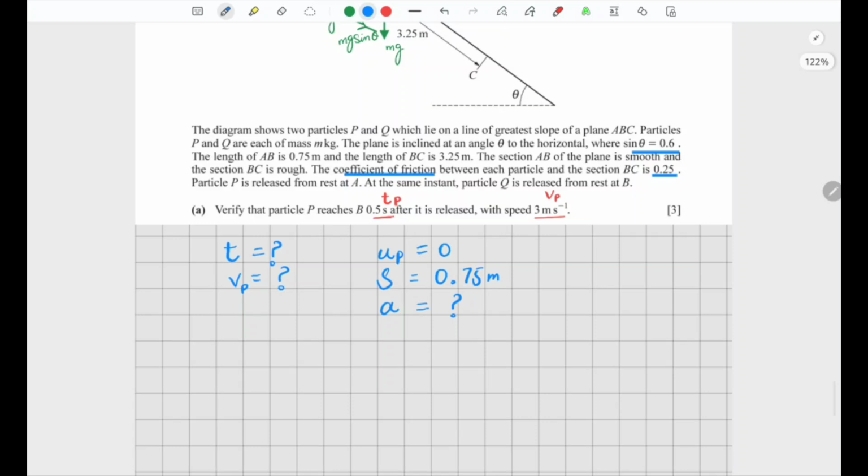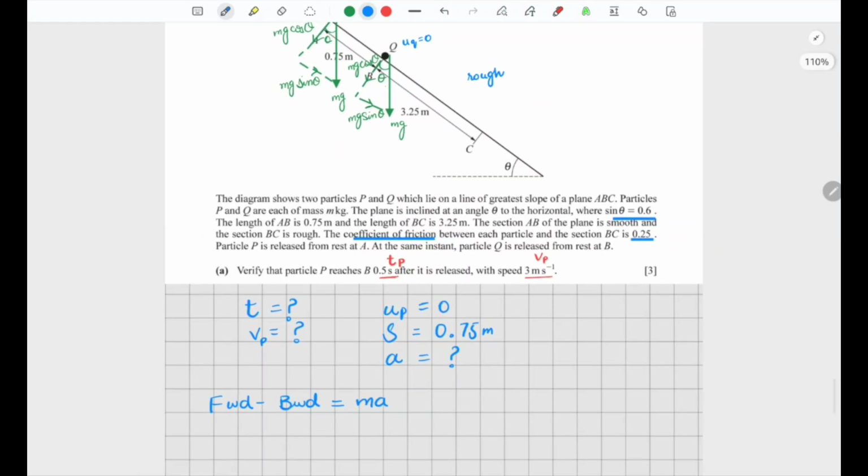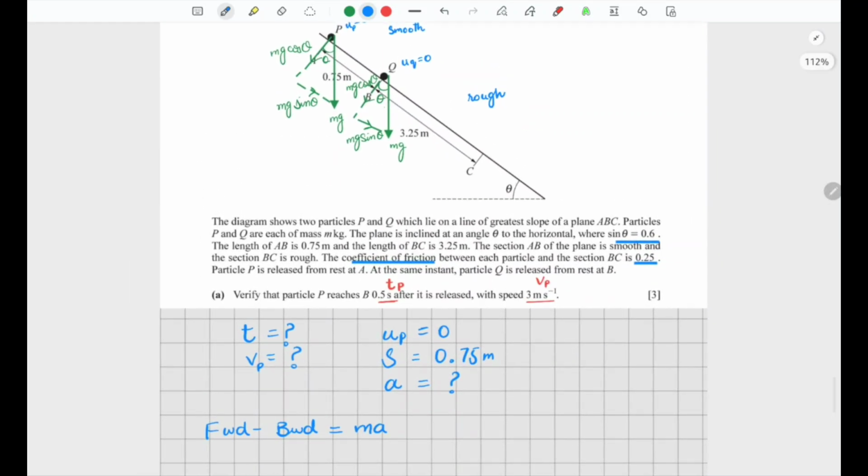To find this acceleration, first of all, let's apply forward forces minus backward forces equals ma. What is the force that is making it move forward? That is mg sine theta. Is there any backward force? No, because the surface is smooth, so no friction and no other backward force.